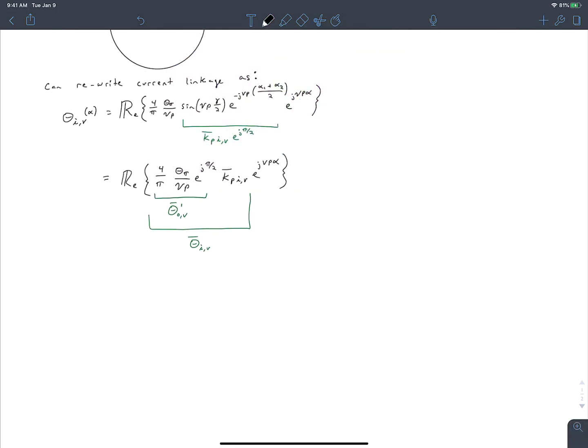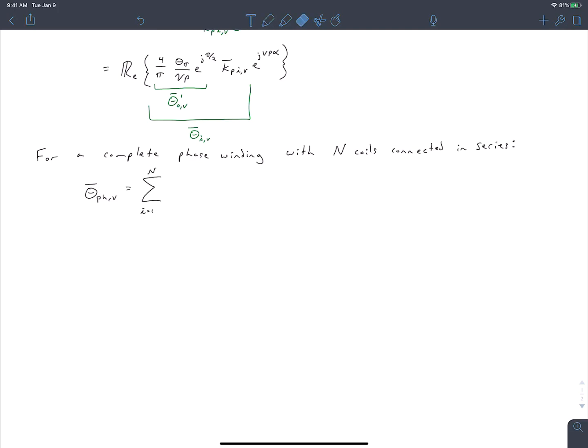And next, we'll note that for a complete phase winding, we have several coils that are connected together in series. We can get this expression, which is that the phasor for our complete phase winding is equal to this theta bar prime that we defined, this phasor for coil 0, times the summation of our pitch factors.